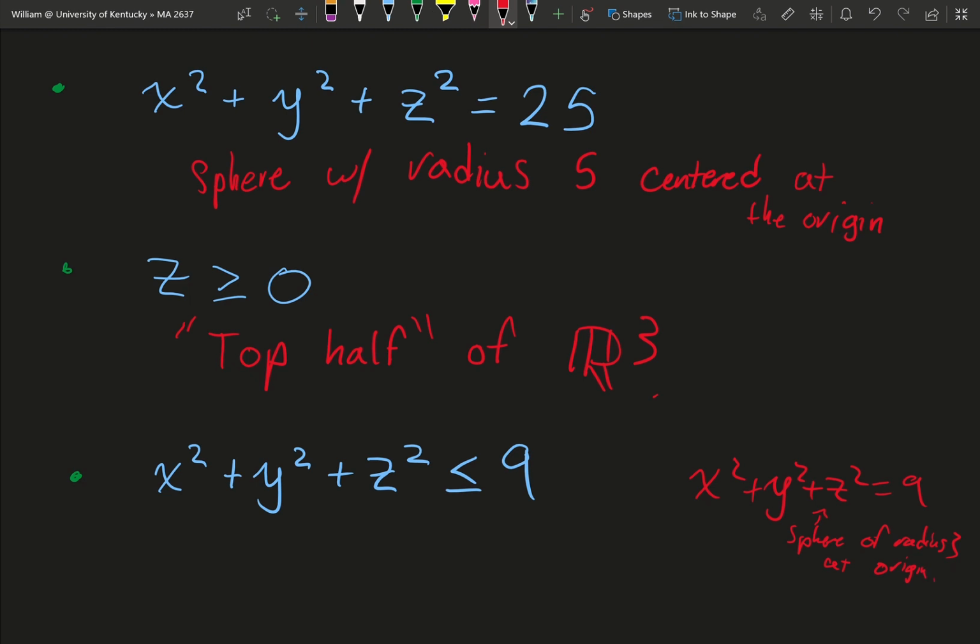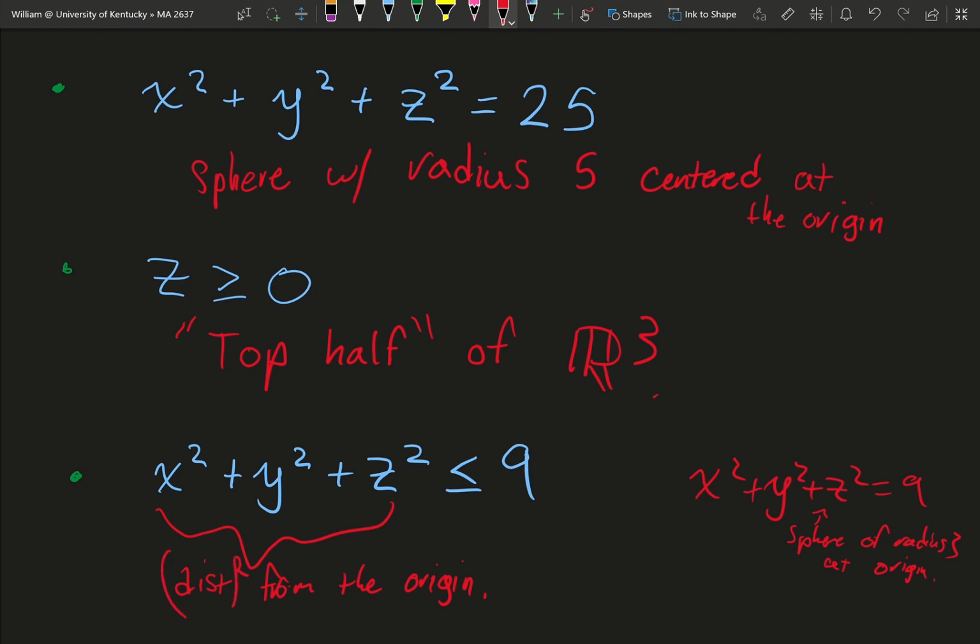And so a way of thinking about this is this half is measuring the distance from the origin. Really this is the distance squared from the origin.